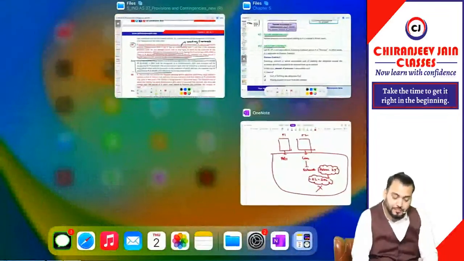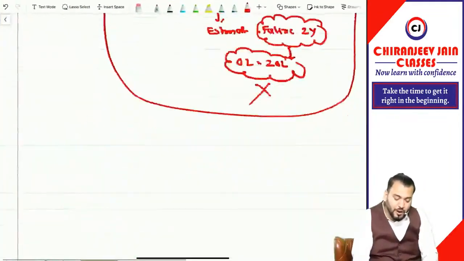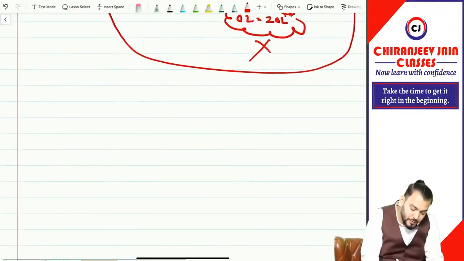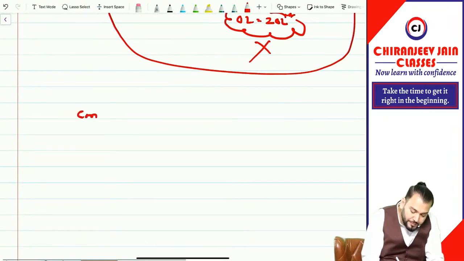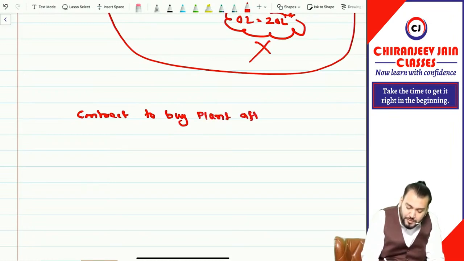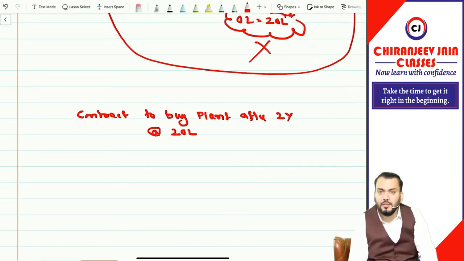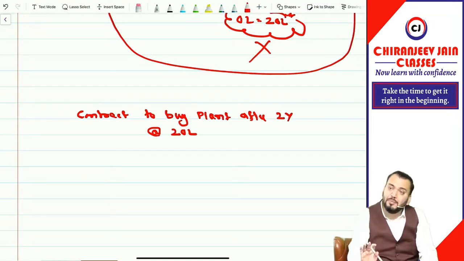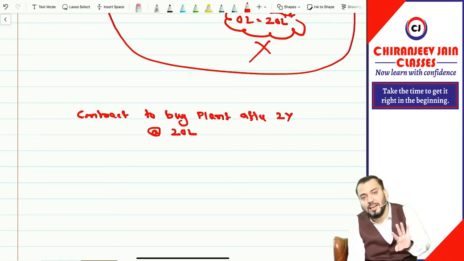Executory contract. Suppose you have done one contract to buy one plant or machinery, whatever, after 2 years at rupees 20 lakh. The delivery will be given after 2 years, and payment will also be made after 2 years.